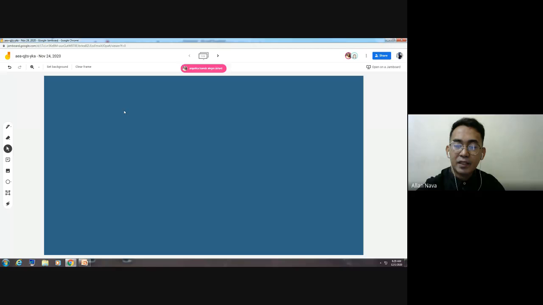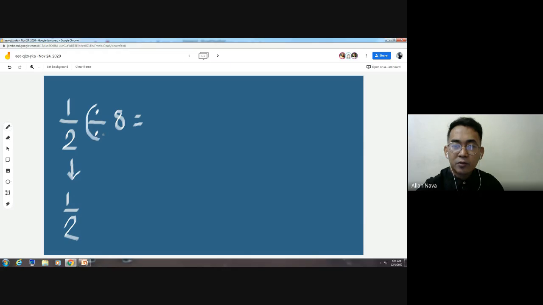So in other example here, paano natin siya ipapakita? So let's say we have 1/2. You want it to divide by 8. So that is equal to, ulit, yung rule natin, just copy the first fraction. And then, i-change yung division sign into multiplication sign. And then, i-flip yung 8.